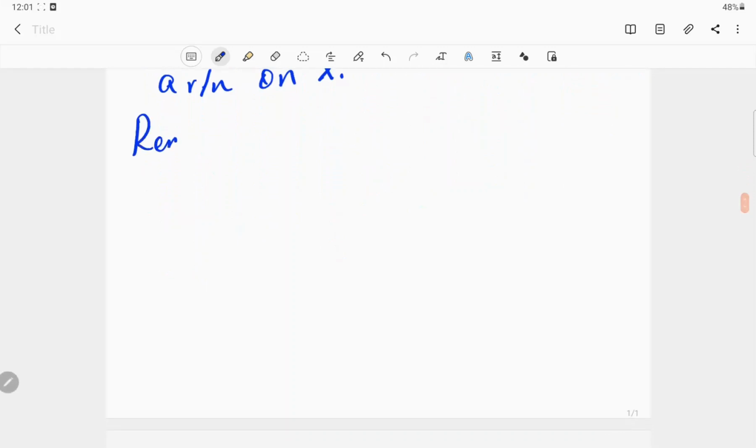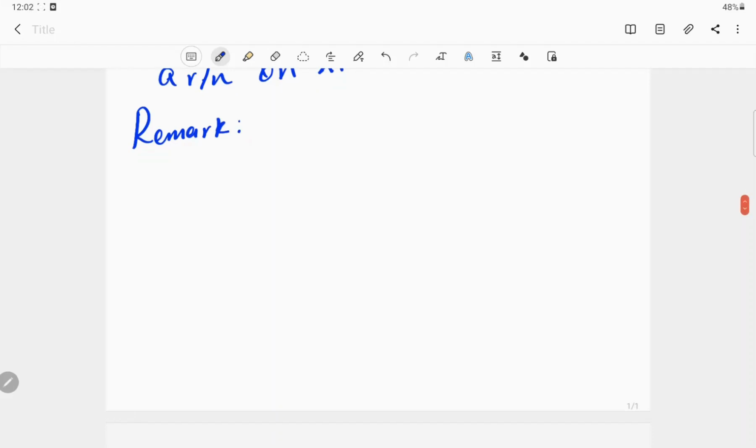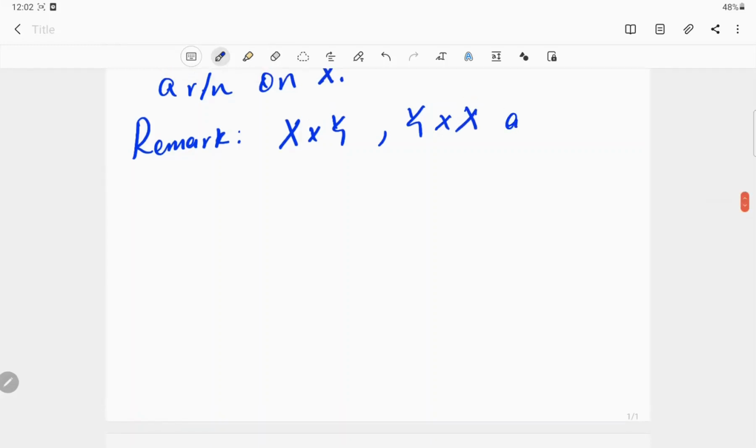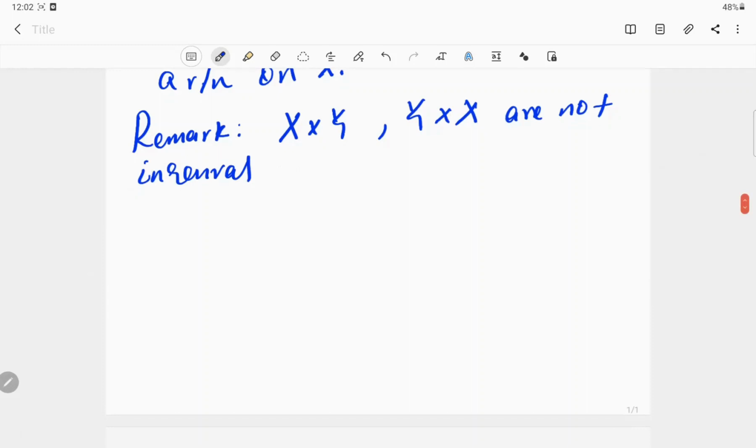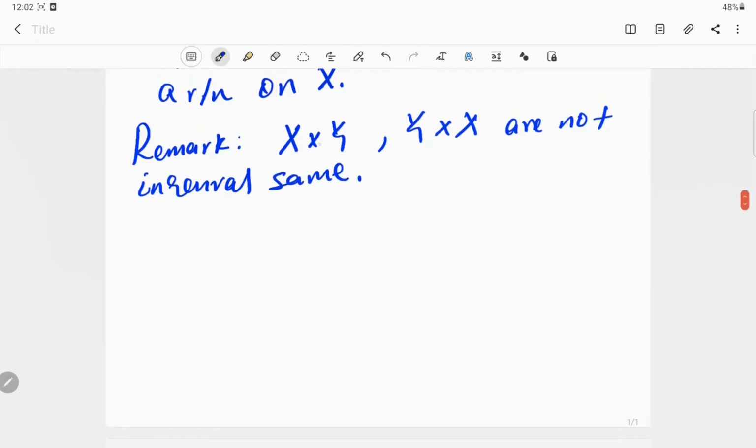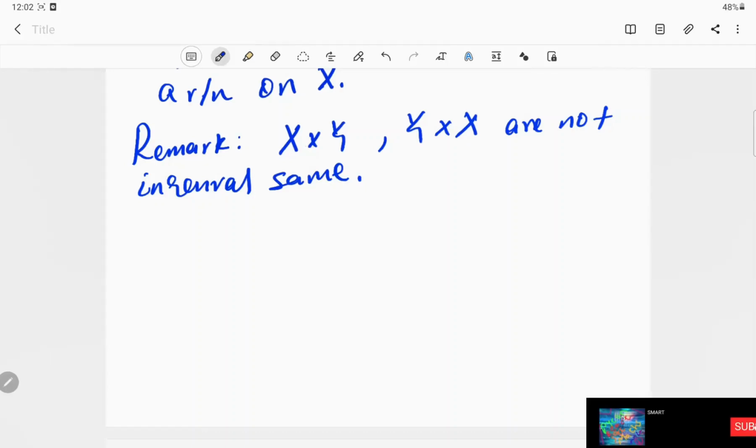So we have a remark. The Cartesian product of x and y and the Cartesian product of y and x are not in general the same. In other words, the Cartesian product is not commutative.